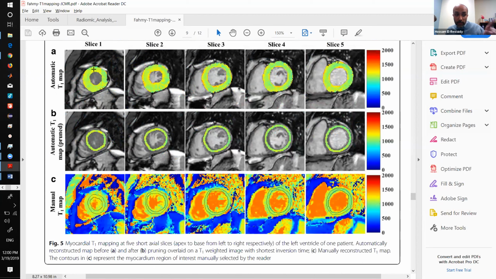So we get a map for the myocardium, and then we remove the boundary pixels to avoid the residual errors related to imperfect segmentation at the edges. So we get this region of interest within the myocardium. And this is the manually analyzed map, and this is the region of interest placed by the reader.